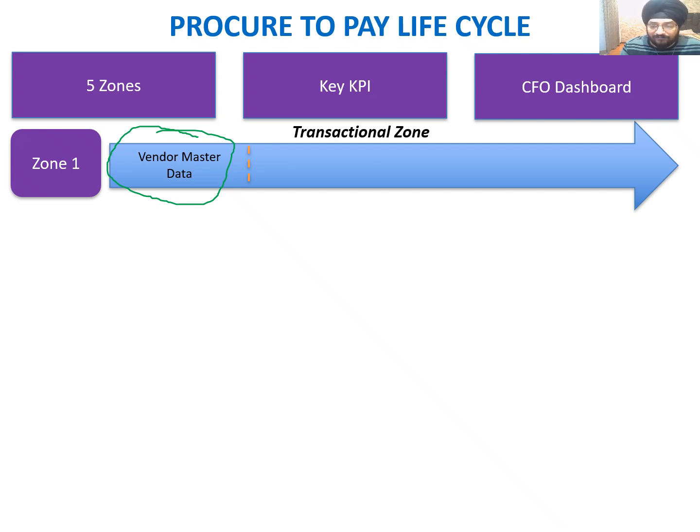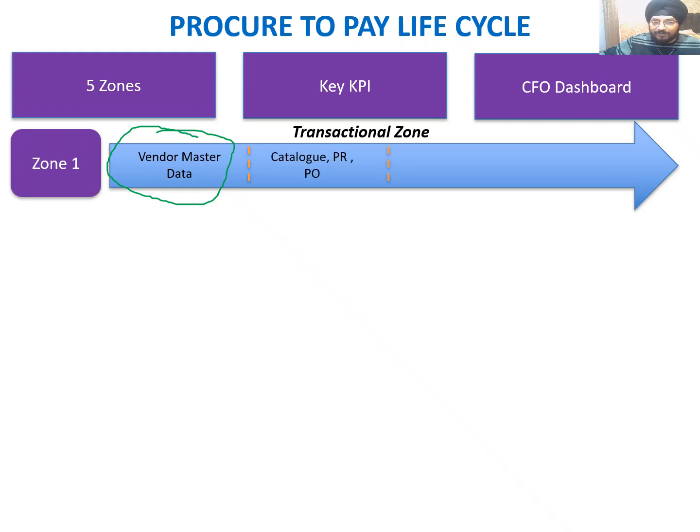And if it is a foreign vendor, we need whatever information is required as per the statutory laws of that particular country. In all, it is a step wherein we record all the master information of the supplier, so that it can be used to create the purchase requisition and then the purchase order. So this is purely the information based zone, wherein we receive information and consume it to create data in our system.